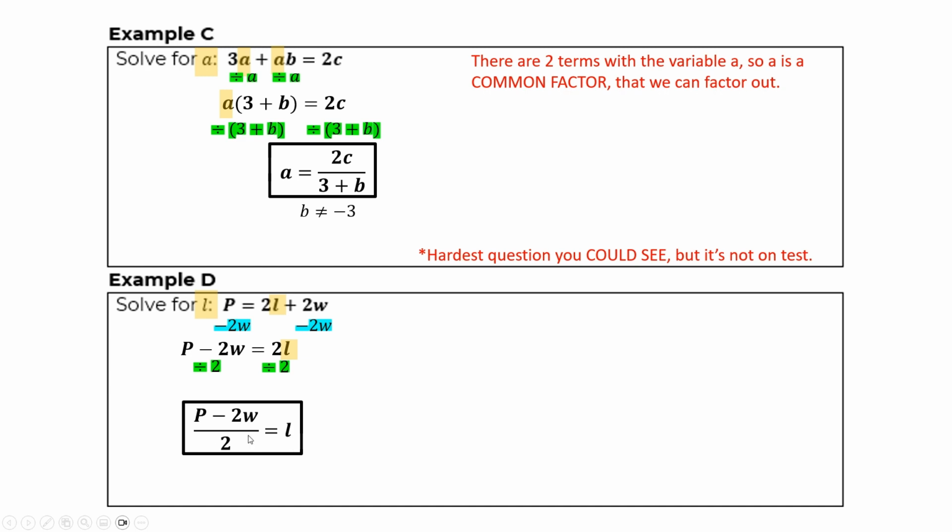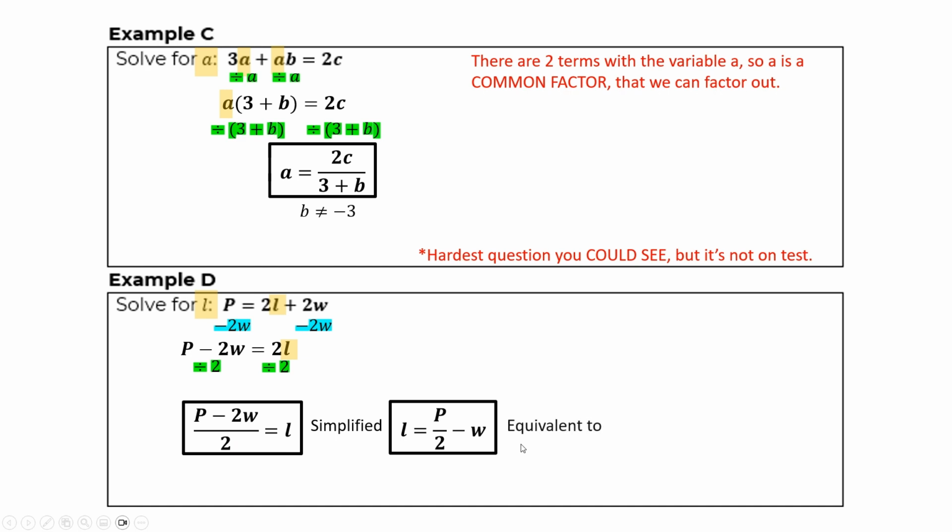Okay. The problem is this is not your most simplified version. So we actually have to simplify this further. So when we simplify it, we get that L, again, because I'm going to try to put the variable of interest on the left, is equal to P over 2 minus w. Because what happened was this -2 divided by 2 is actually -1, so you would not leave it in a fraction.